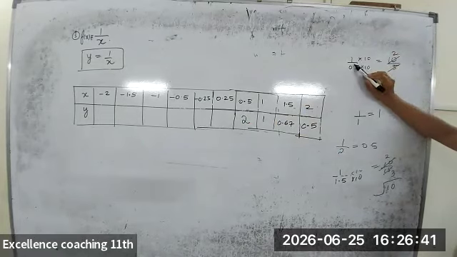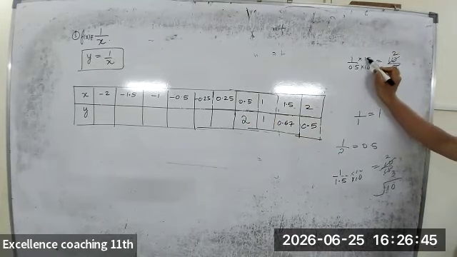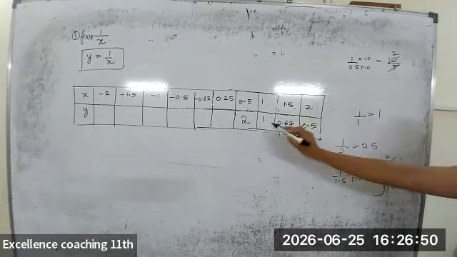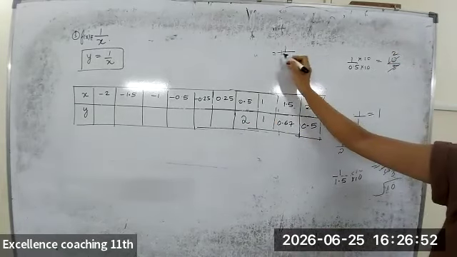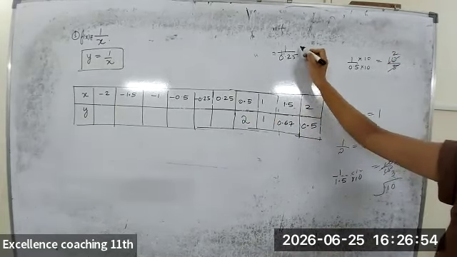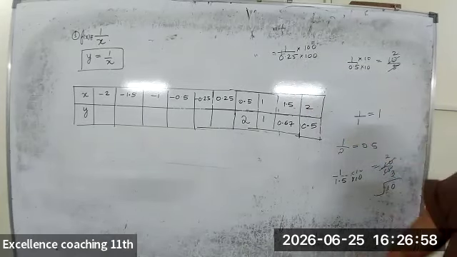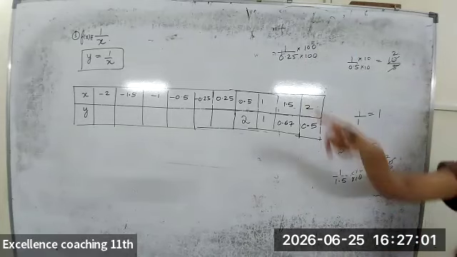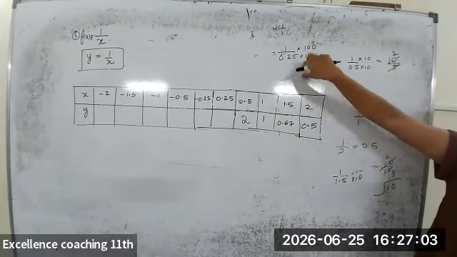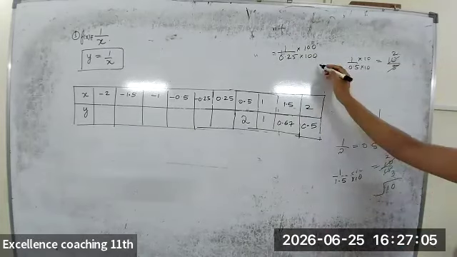So 1 upon 0.5, I wanted to calculate. I wanted to remove this decimal point by one digit, so I multiplied by 10. So I got 5, and 1 into 10, I got 10. So 10 by 5, straight away 2. Now the same way, 0.25 has 2 decimal points, so multiply by 100. Or you can write it as 1/4 also. 0.25 is 1/4, it will flip and become 4.